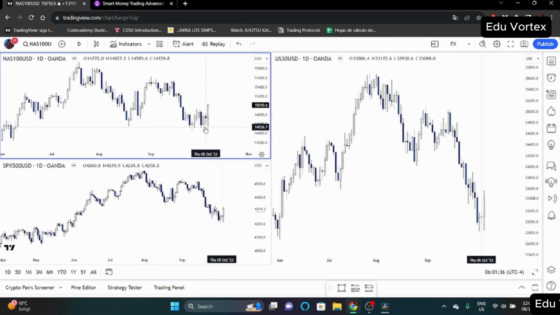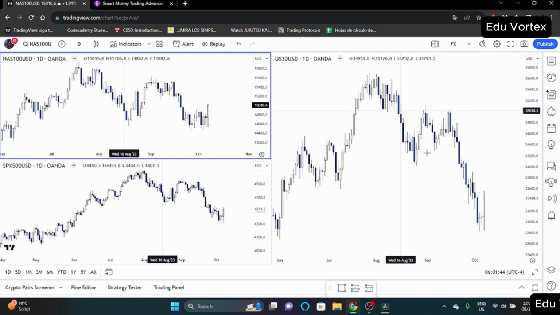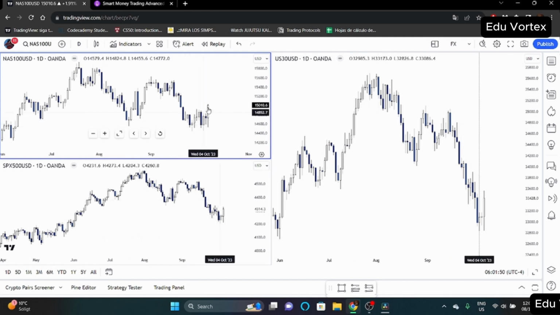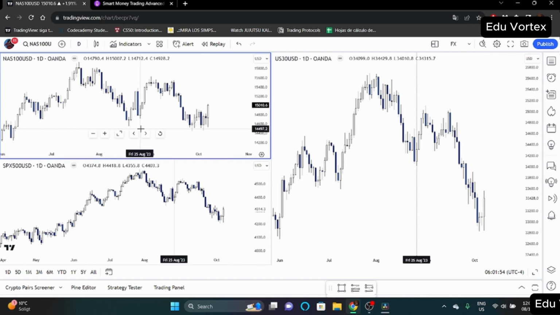So why would you be looking for shorts on Nasdaq? It makes no sense. If you know you're bearish, you're looking for shorts on DAX, on Dow, or on SPX. And if you're looking for longs, you're looking for longs on Nasdaq because it's the sick pair. It's the one that's not going to displace higher, lower.